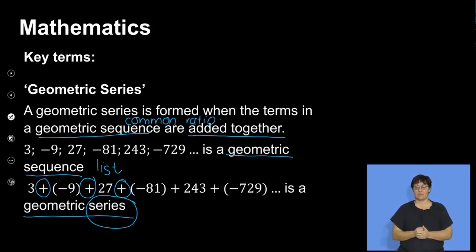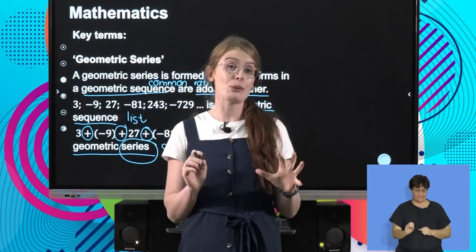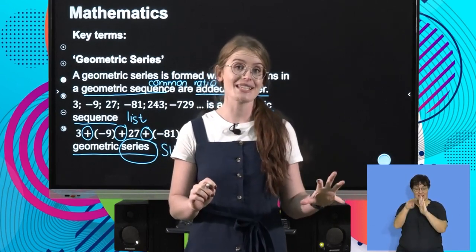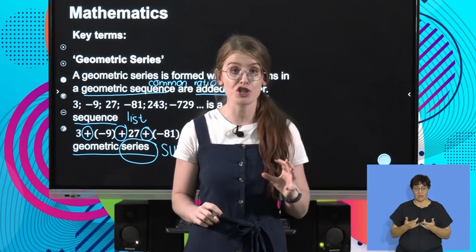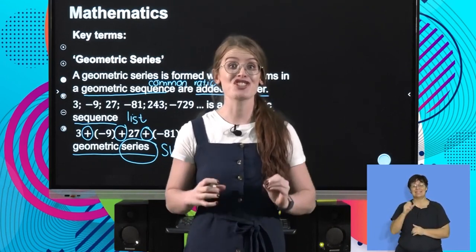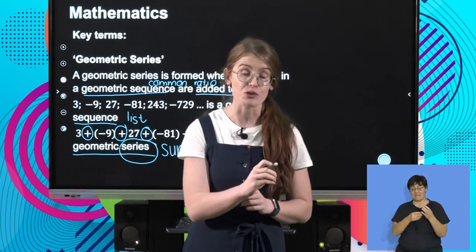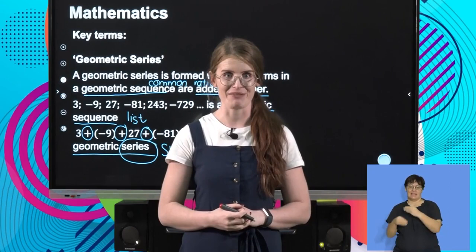Because it is a sum, it is a series. Wonderful, guys. I just want to make sure we've clarified that. A geometric sequence is a list of numbers where there is a common ratio between terms. A geometric series is a geometric sequence, except I am adding the values of each term together.